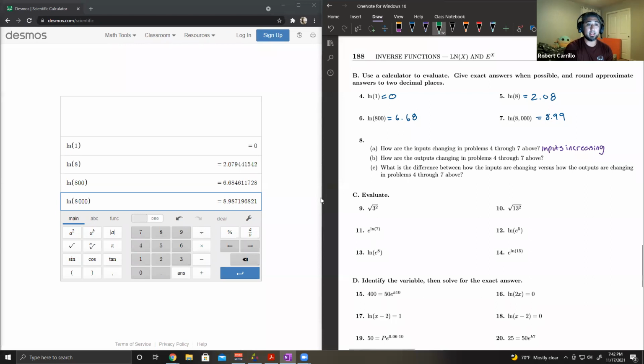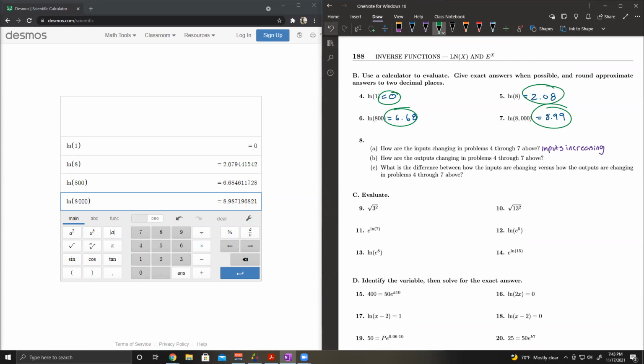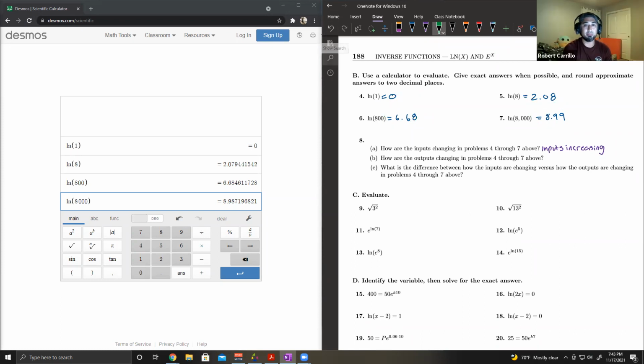And now it says, how are the outputs changing in those 4 problems? So look at our outputs: 0, 2.08, 6.68, and 8.99. What's happening to our outputs? Not necessarily doubling, but they are kind of increasing as well, right?